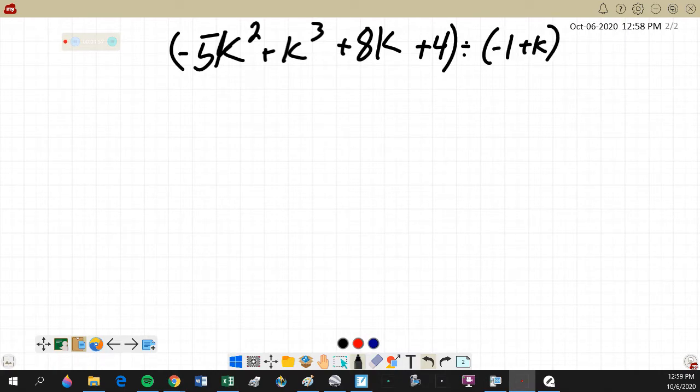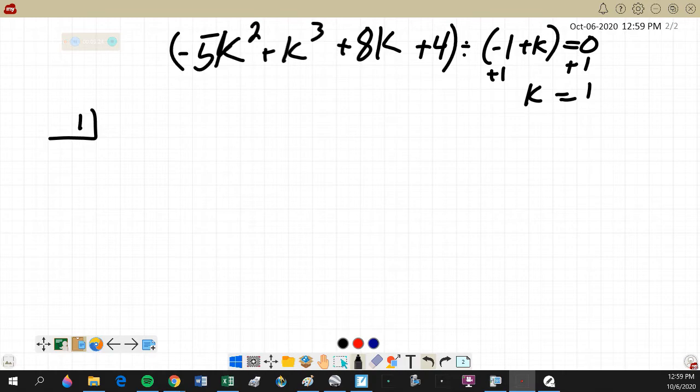Do you actually have to write it down? No, but we'll fix it. So we need to figure out the number that goes in the corner. If I have negative 1 plus k equals 0, I add 1, and I get k equals 1. So we stick 1 in the corner.